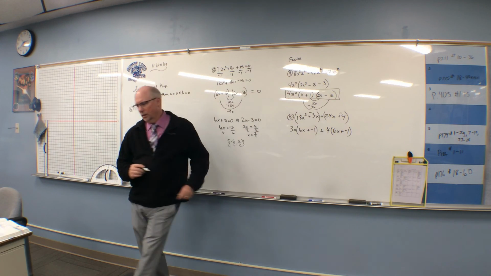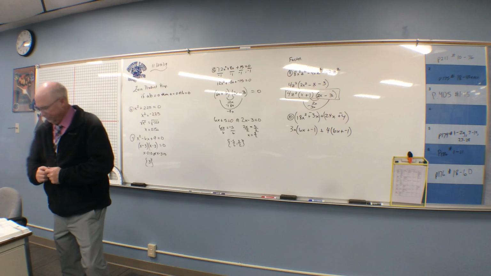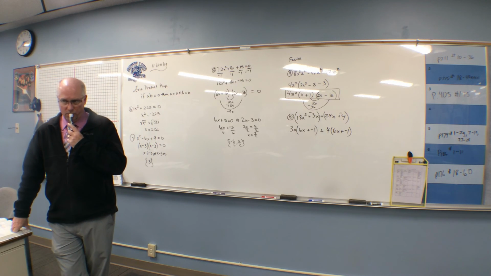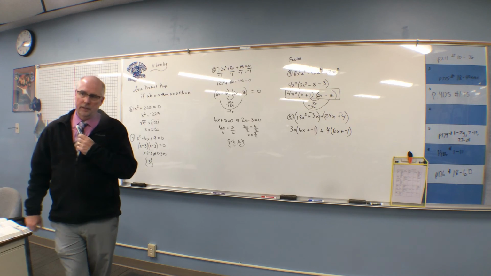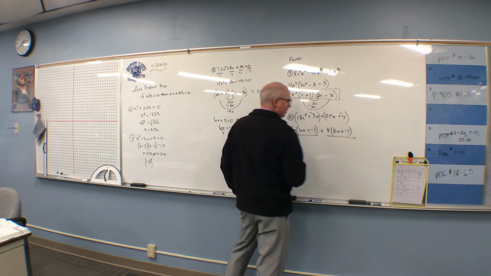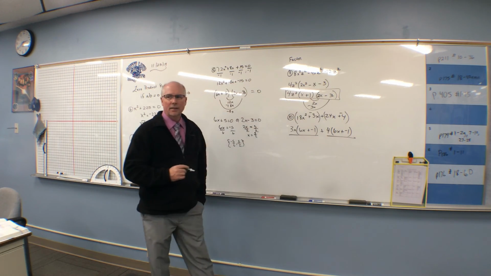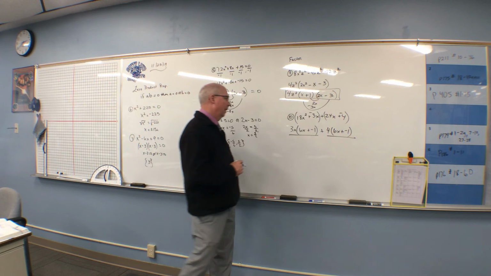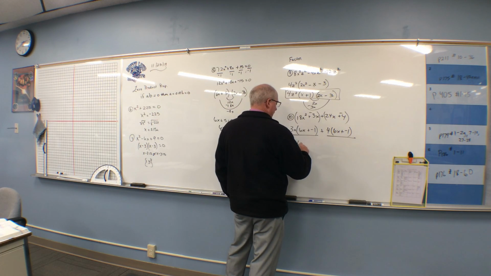Take a real hard look at those two. Now, look at it in terms of this is a term and this is a term. What do they have in common? 6x plus a negative 1. So like a GCF, I can take a 6x plus a negative 1 out of both of them.